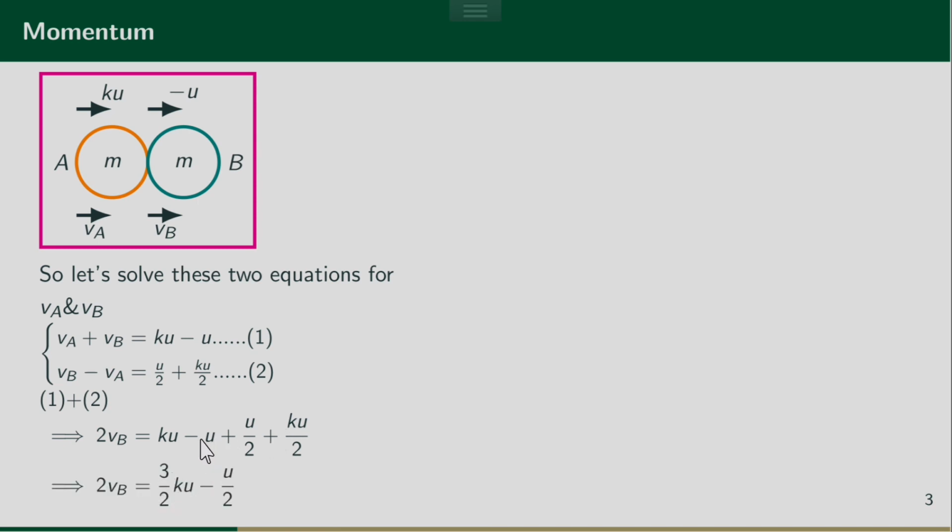Then in the same way, the coefficient of U here is negative 1 and that of U is half, and negative 1 plus half gives us negative half. So this is what I have. The two terms share the same denominator. I can maintain that 2VB is equal to 3KU minus U divided by 2.